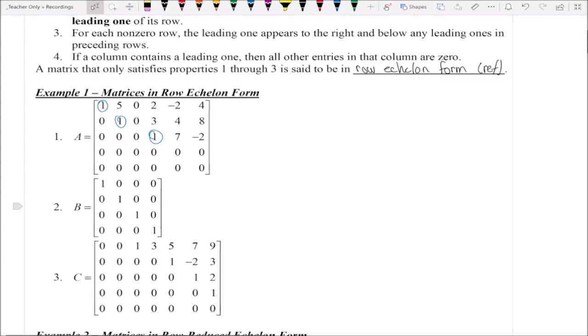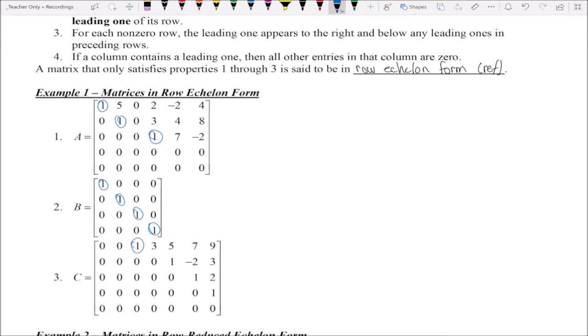B is also an REF. B also happens to be in RREF, but specifically for this example, it is an REF. Here are all of the leading non-zero terms. They are indeed all 1s. Every entry below them is 0, and each leading one appears to the right and below the preceding one. C is also.